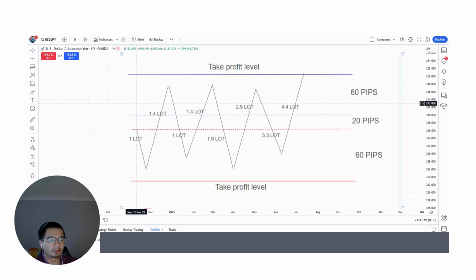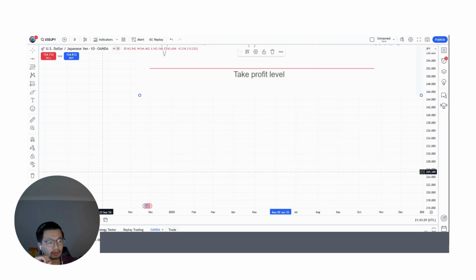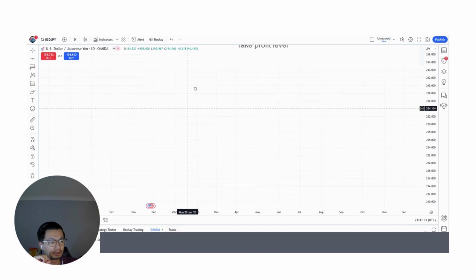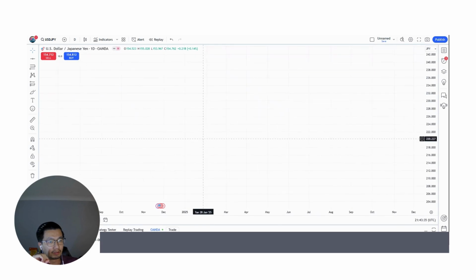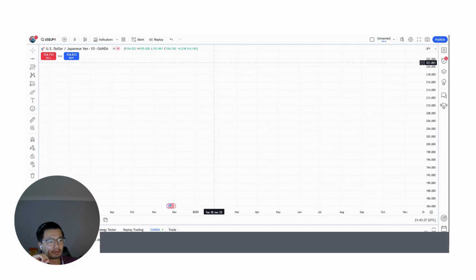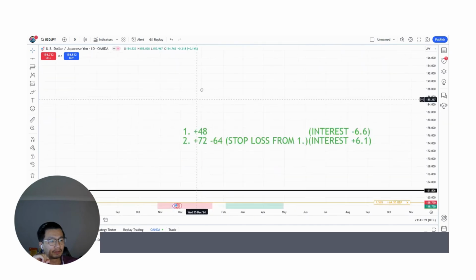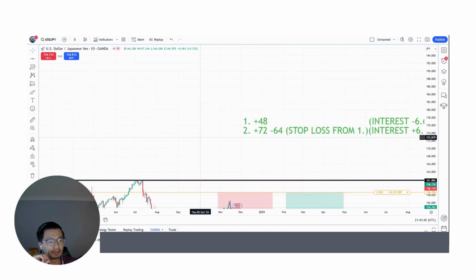So after you have screenshot or paused this graph, let's go to a real chart. So it's US dollar yen. Might be a little bit slow because I'm recording. So what I'll do normally is to identify these support and resistance levels.